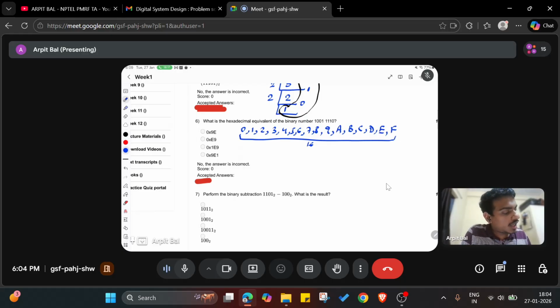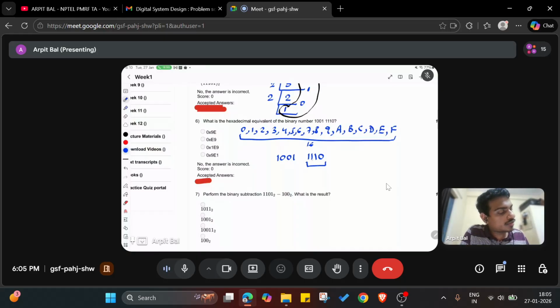Fine. So I have the binary number 1001 1110, and I need to find out the hex equivalent of this number. So what I will do is I'll club 4 bits at a time, because 4 bits are needed to represent a total of 16 symbols, right?